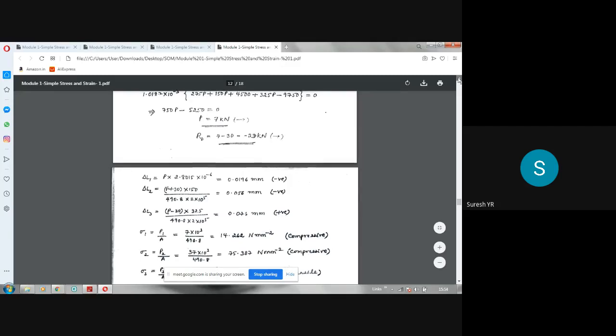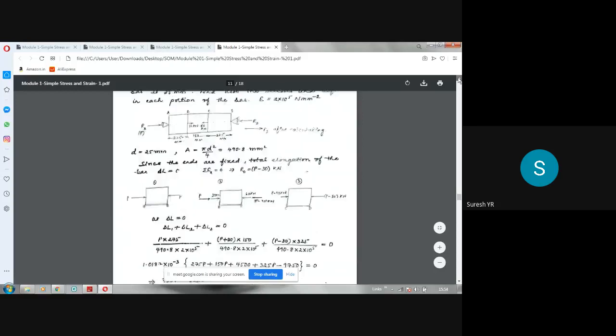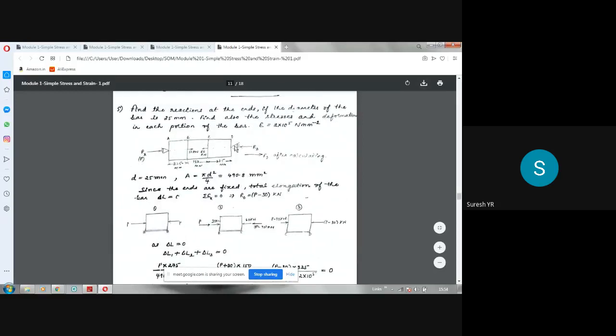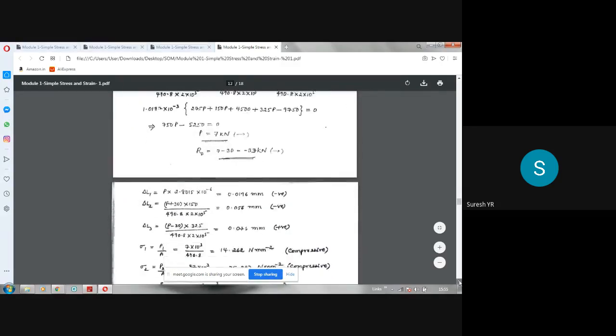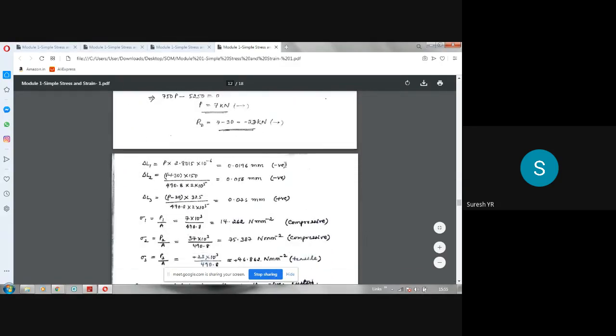See here, initially we have assumed RD like this, but RD we got negative. That means it acts in the opposite direction, means it becomes tensile. RD will be in the other direction. Tensile means elongation takes place. So your delta L3 is positive. These two are negative because of compression. This is tensile, so positive.